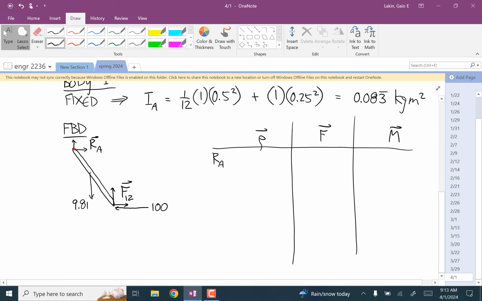So I'll start with RA, the row vector. The definition of the row vector is the vector that goes from the about point to the point where the force is applied. Cross product is 0. And then we'll go to the weight force.